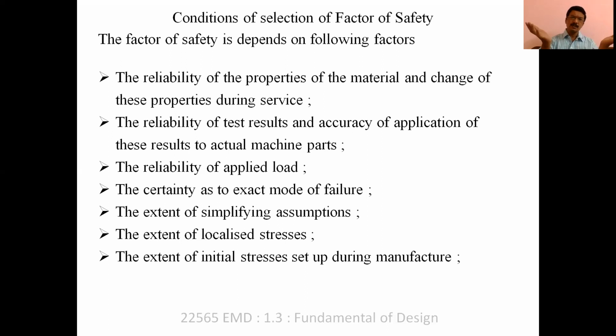Or in your machine, there are some components which are forcefully brought together, then obviously they are already in stress. So those are called initial stress components. If such stresses are in your material, then you should think about a higher factor of safety. You should not take less, that means you should have a lesser working stress consideration.